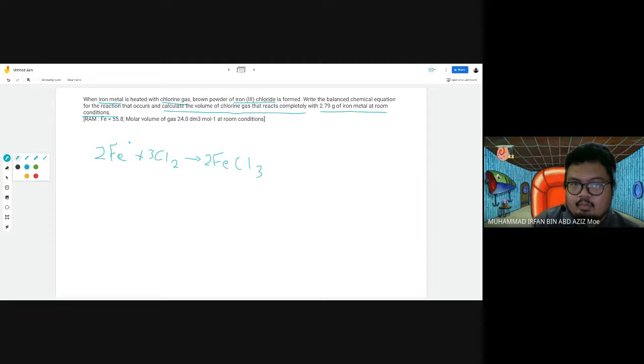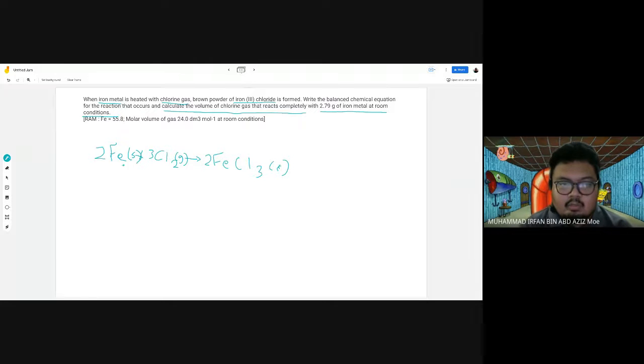Okay, Fe, metal, so it is solid. Metal is just solid at room temperature. So write solid. Okay. Cl2 adalah gas. Dia dah tulis dekat sini gas. So brown powder, of course lah. Powder adalah solid.